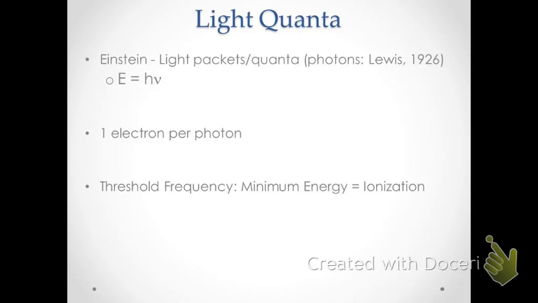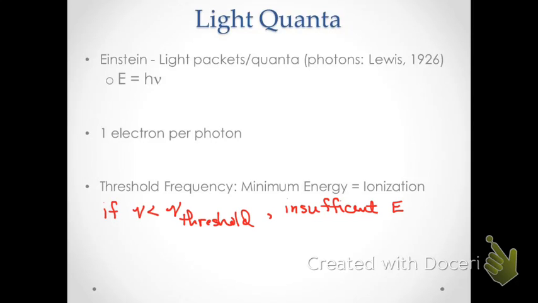The threshold frequency observation is due to the fact that below the threshold frequency, the light has insufficient energy to overcome the binding forces of the electron to the metal atoms. So essentially, the minimum energy required to eject an electron would be the ionization energy. If the energy of the photon is less than the ionization energy, then it's not going to eject the electron.